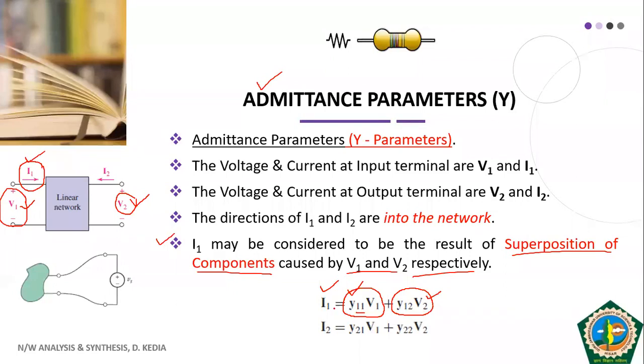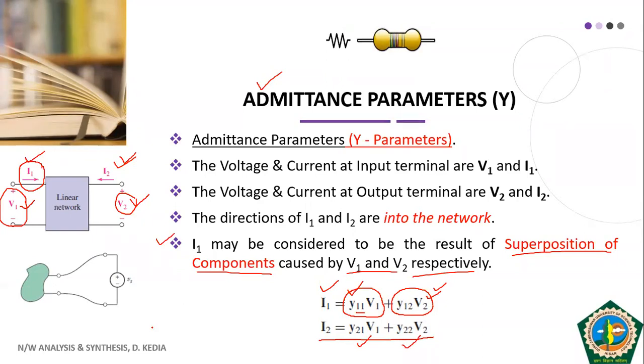So I1 is equal to this component plus this component; this component is due to V1 and this component is due to V2. Similarly, if we want to calculate I2, this will also be the sum of the current components due to V1 and due to V2. So you can see here I2 is equal to this component due to V1 and this component due to V2.